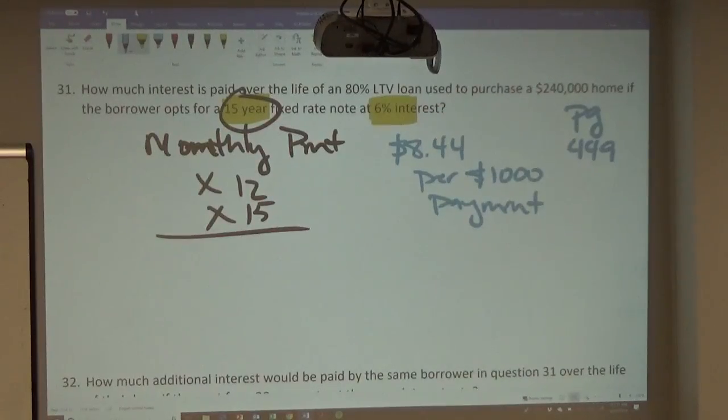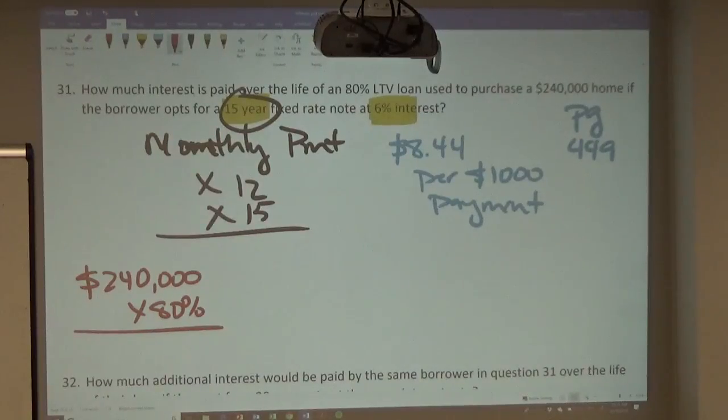Now, we didn't borrow just $1,000, we borrowed more than that. So we need to calculate how much more than that. Well, it's a $240,000 purchase times 80% loan to value, which is a $192,000 loan.